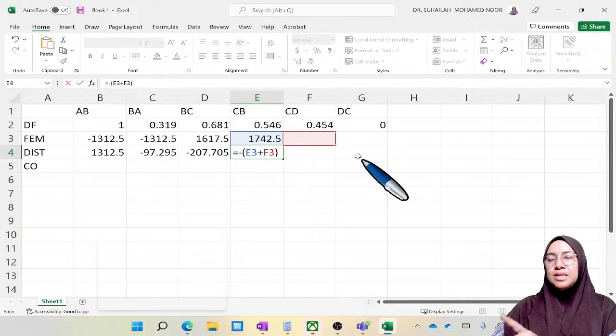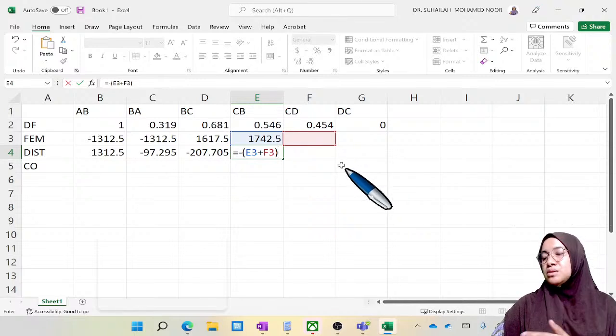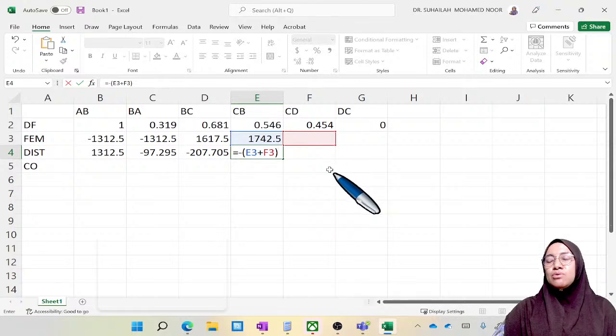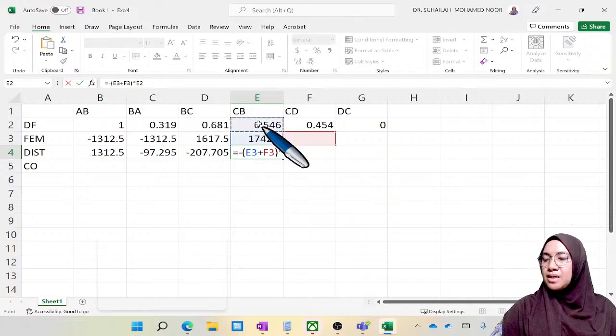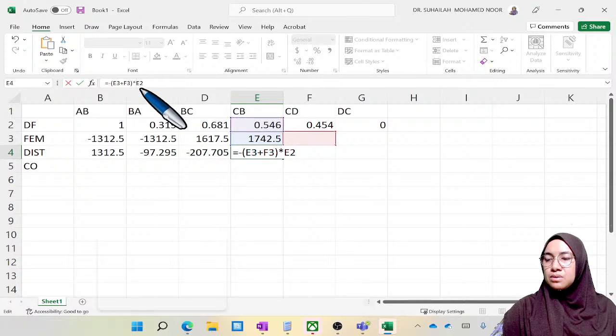Why zero value I still consider in the formula? Because we want to carry the formula for the next cycle. So times with the factor 0.546. Okay, I want to log the distribution factor.